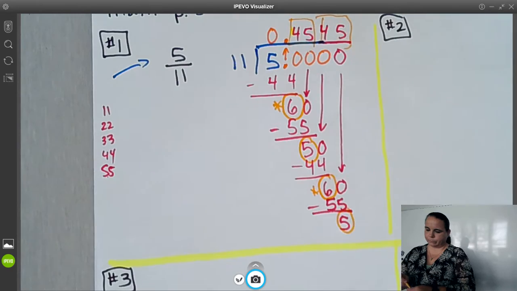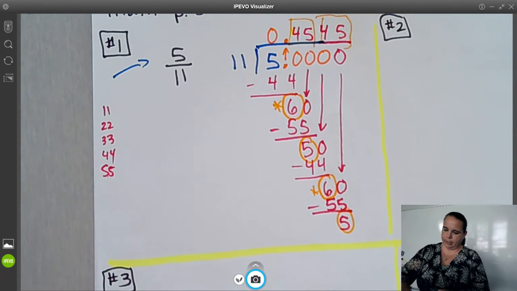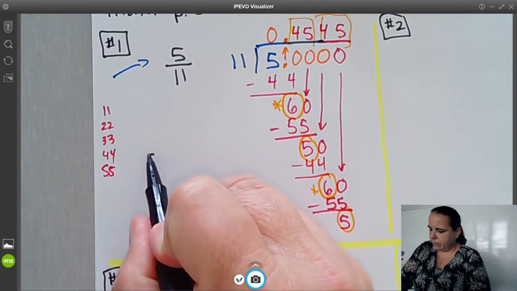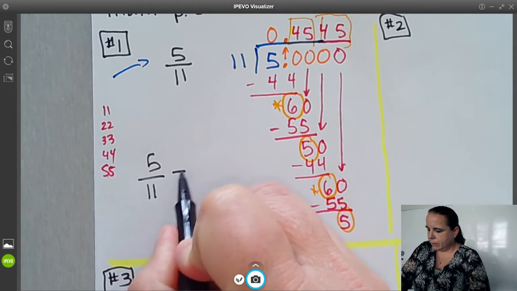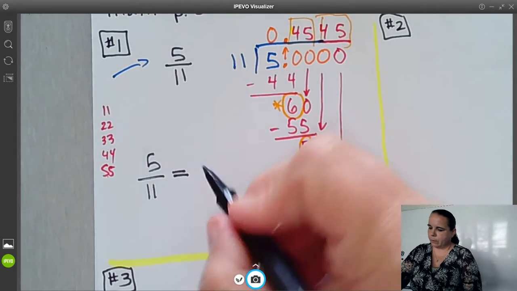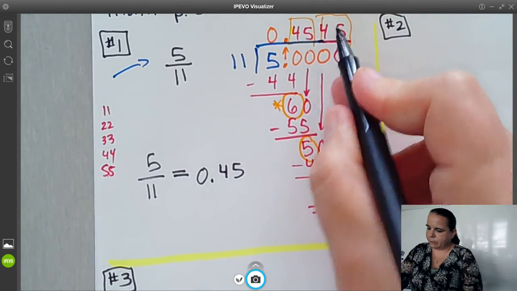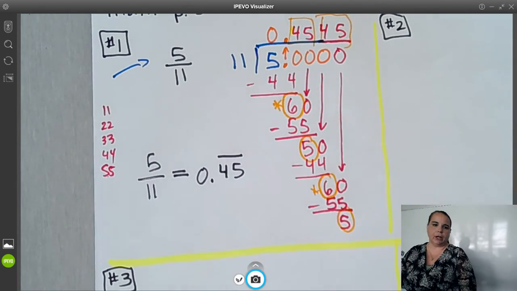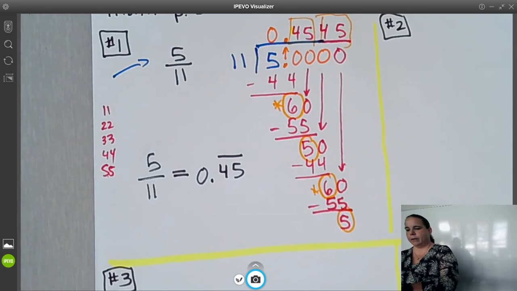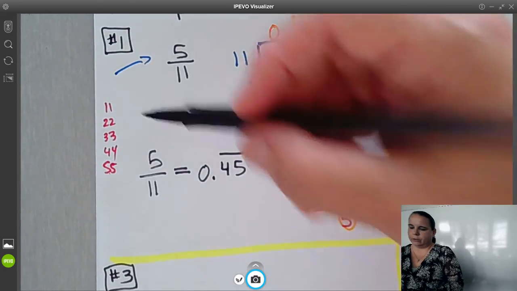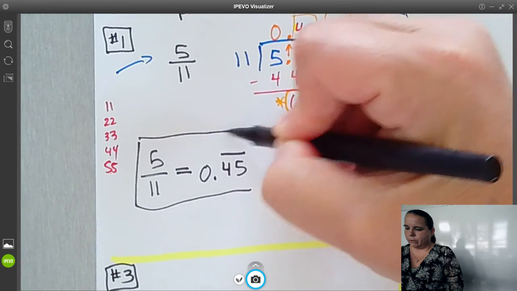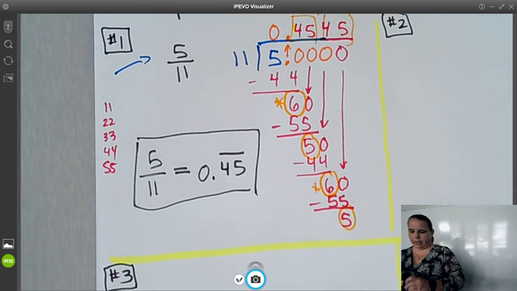And so how we're going to write that is 5/11 is equal to 0.45, and the 45 is repeating, so we're going to put a line over the 2 digits that repeat. And that's how you would write that answer. So that is the answer for number 1 on page 8.